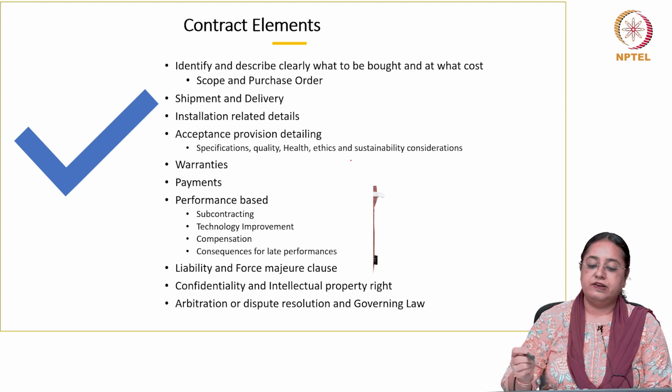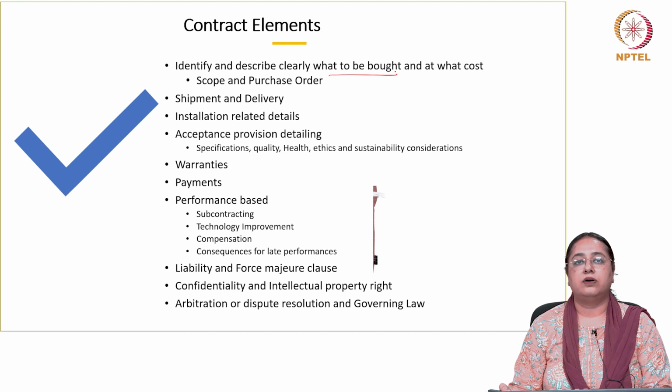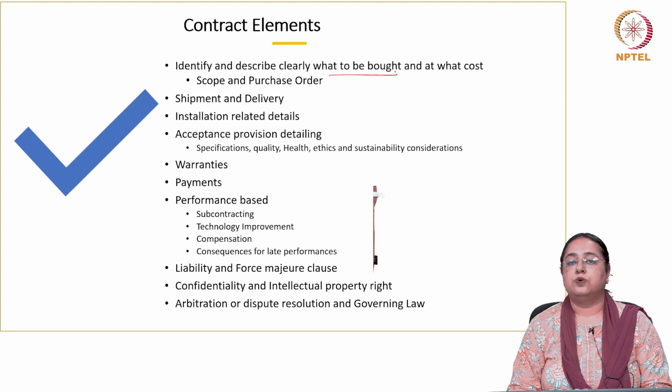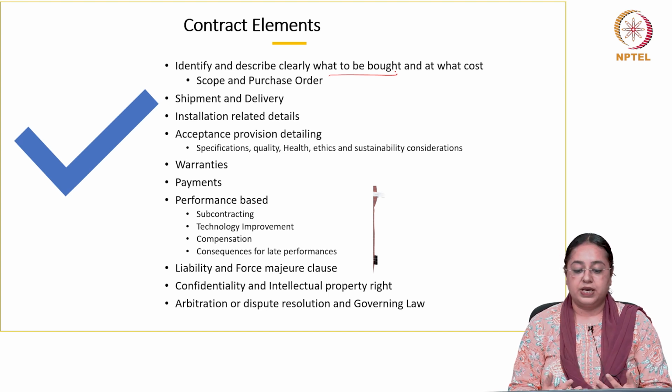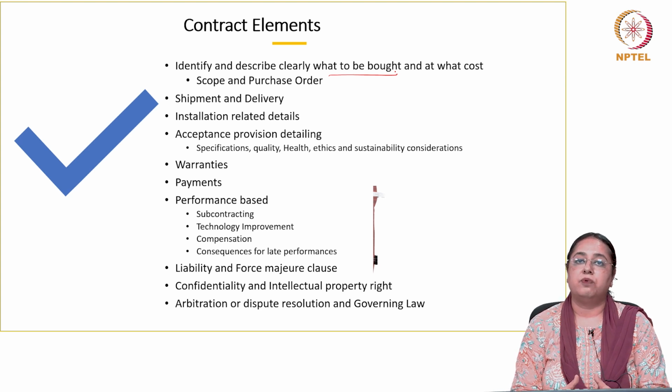We need to identify and describe clearly what is to be bought, and at what cost. With this, we have been emphasizing in this course that we have to clearly know what we expect, so that we can clearly define what product or what service we want. Can we define the scope?